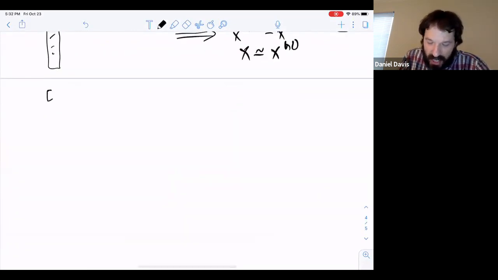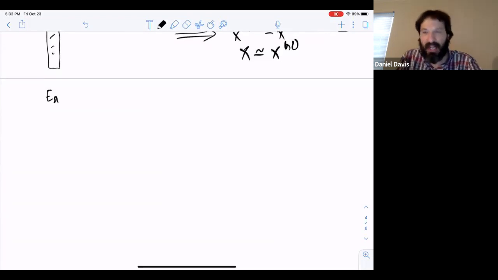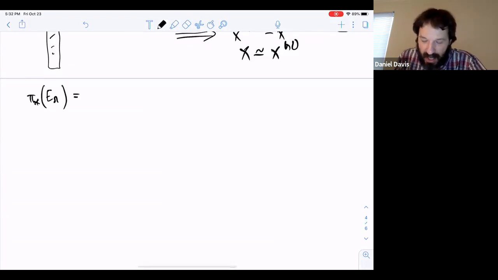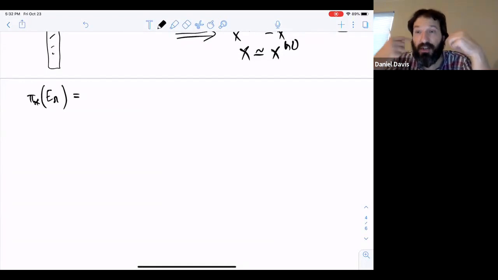So there are cases where, E_n is a certain spectrum, and it has stable homotopy groups. What I want to do is give you an example of stable homotopy groups that have an interesting topology on them.